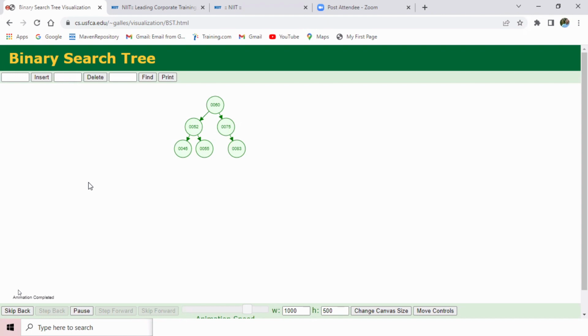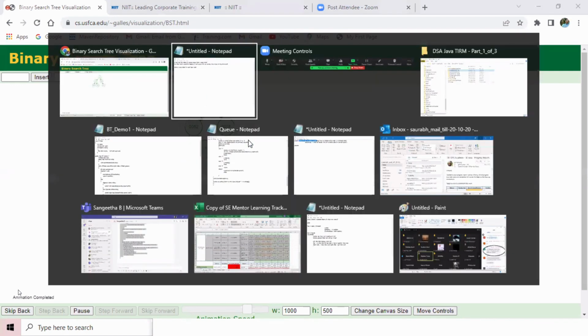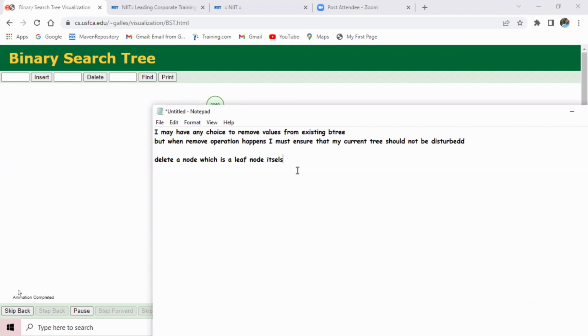But whenever I am going to delete 52 or 75, there will be a problem, because these nodes have their children. So the first level, deleting a node which is a leaf node itself, will not make any effect in the existing tree.